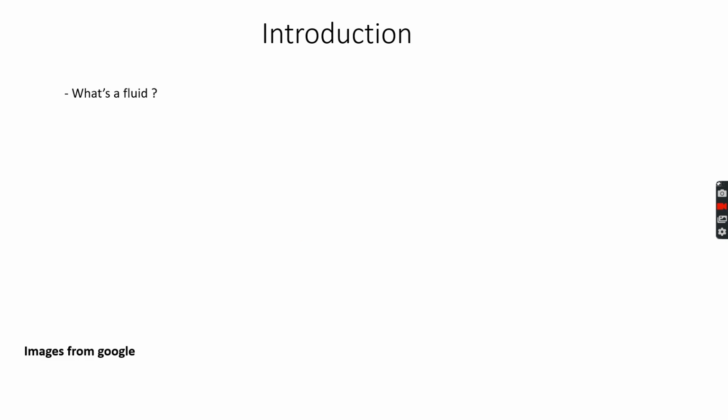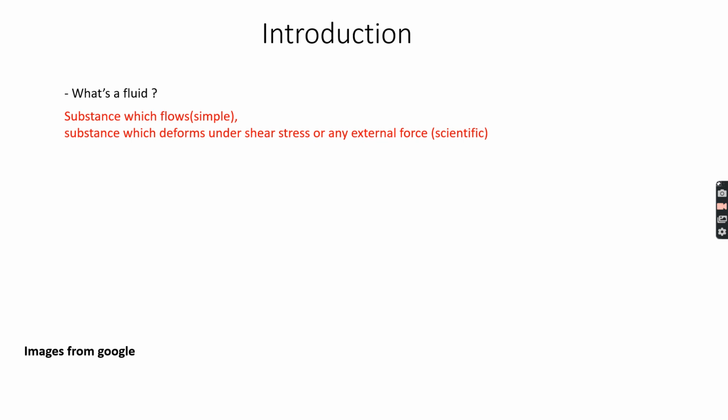let's speak about what a fluid is. Basically, a fluid in simple terms is a substance which flows, but in the terms of fluid mechanics, it's a substance which deforms under shear stress or any other external force. This is a bit of scientific terminology used in the community.